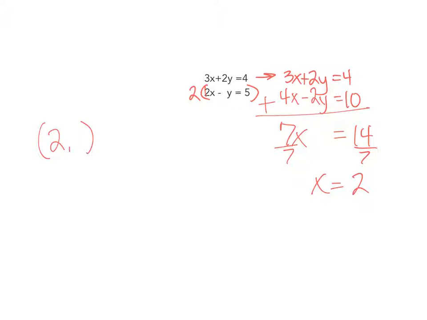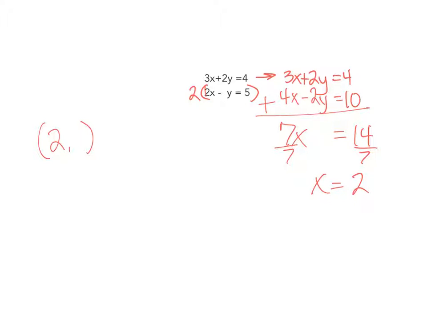Since I know that my x is 2, then I can do either equation, really. I'll do the top equation. Can I have a volunteer to plug in 2 into the bottom equation? You did it already?